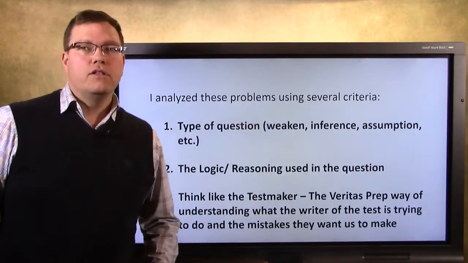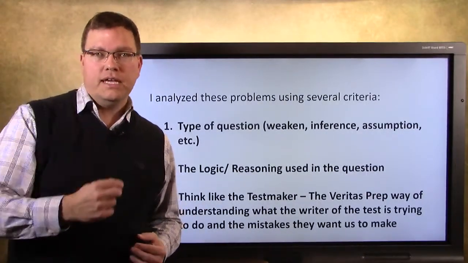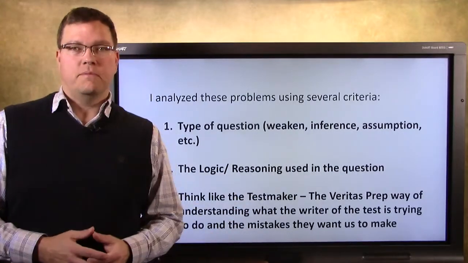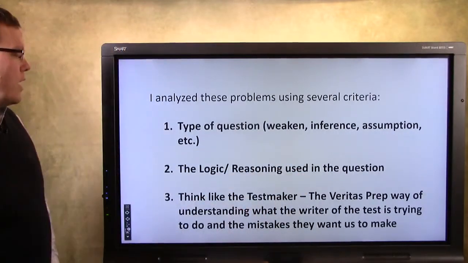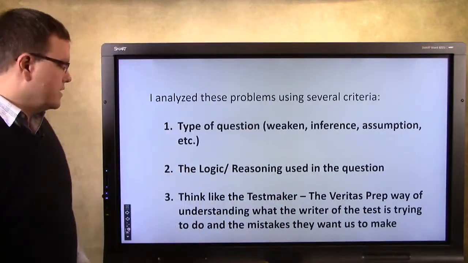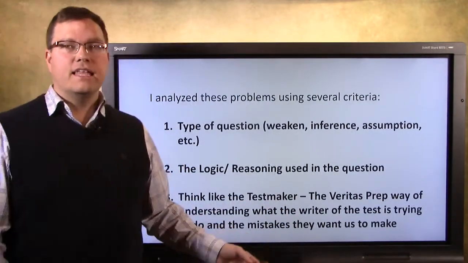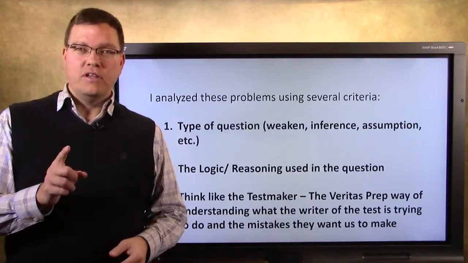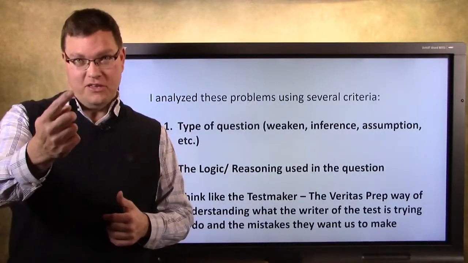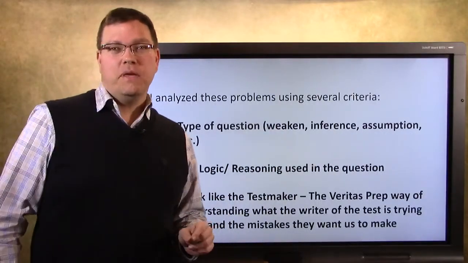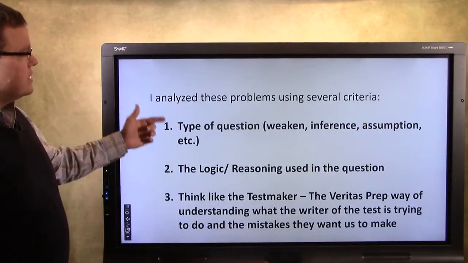And then finally, I looked at this through a lens that is unique to Veritas Prep curriculum, and that is to think like the test maker. Veritas Prep has a way of understanding what the writer of the test is trying to do and the mistakes they want us to make. The way that I like to put it is, how do they get good people, like you and me, to pick bad answers? How do they get good people to pick bad answers, okay? So let's look at these criteria.